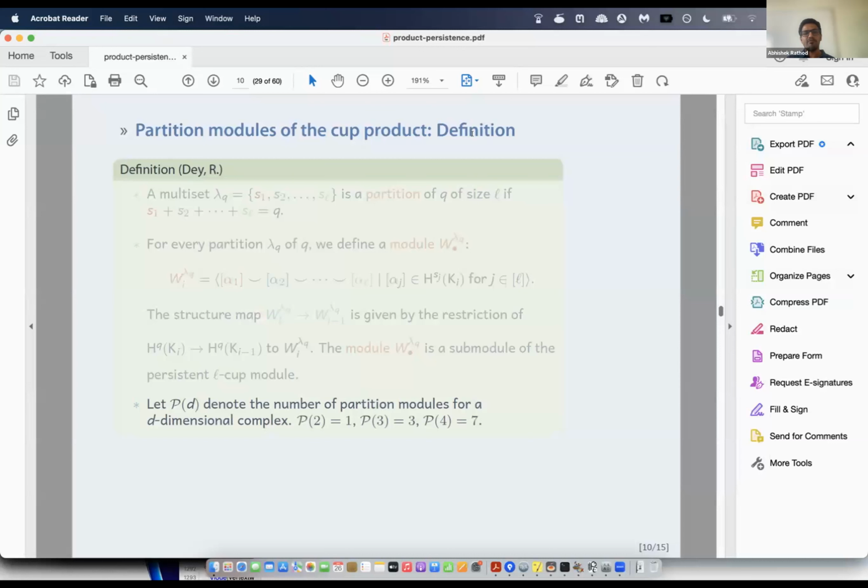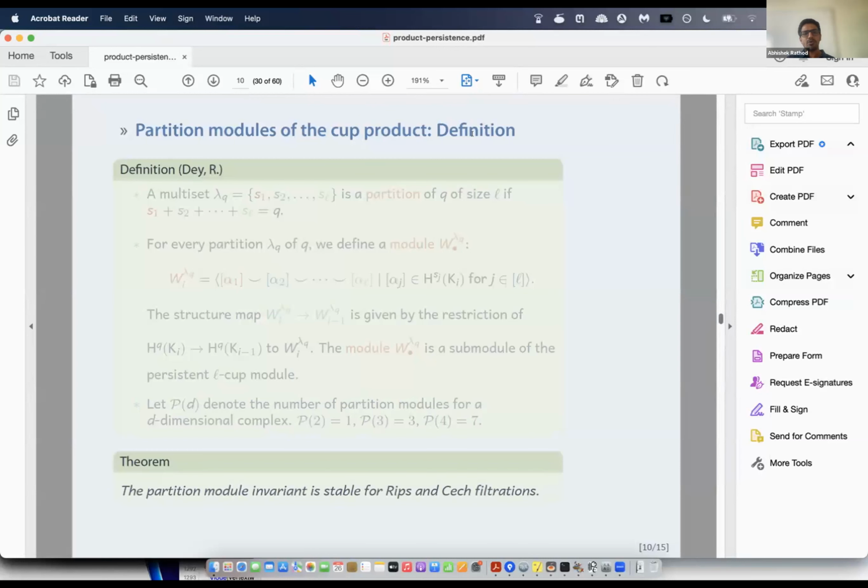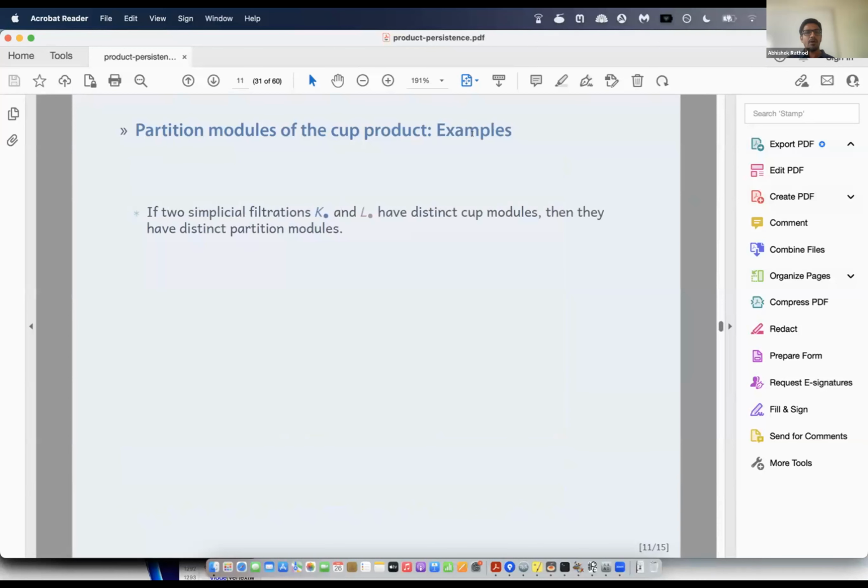As you can see, when this dimension is small, you don't have many invariants, but this still gives something that's stronger than what has been seen so far. We also show that this invariant is stable for Rips and Čech filtrations of finite point sets.